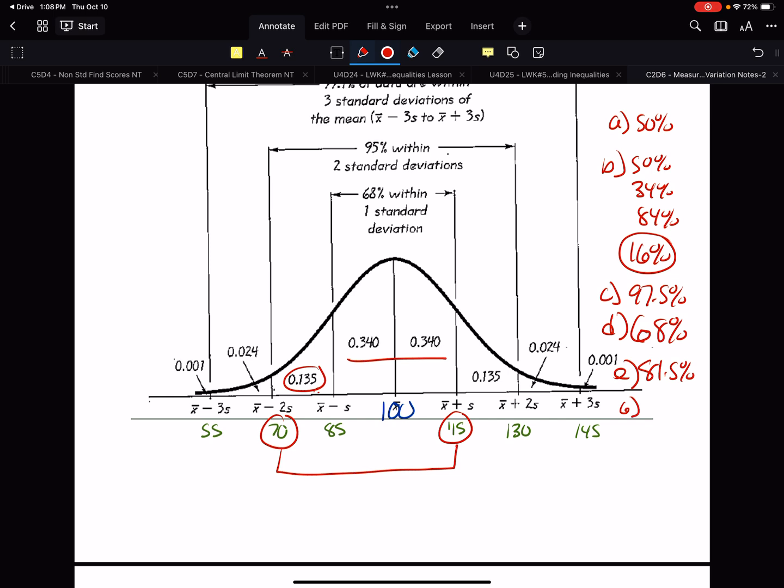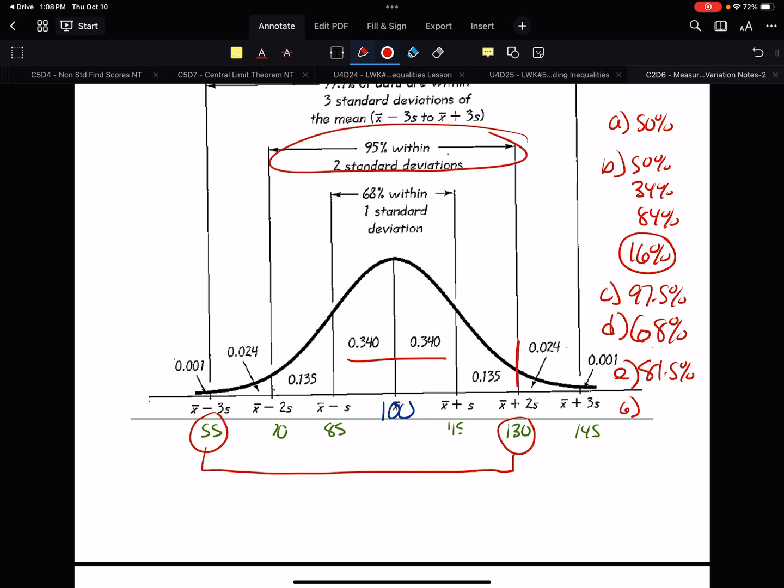If I jump back to numbers, part 6 I'm on now. Part 6, between 55 and 130. All right, so I'm looking now, I got my 95% there from here to here, and I got my little tail.